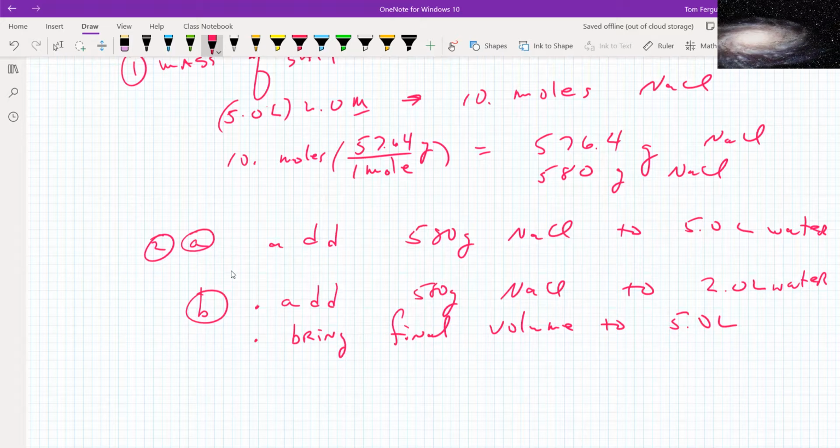Okay, that's what I wanted to cover tonight. I wanted you to feel comfortable with making solutions of a certain concentration, and being able to figure out how to make them, the directions. On the test, I'm going to ask you for directions.